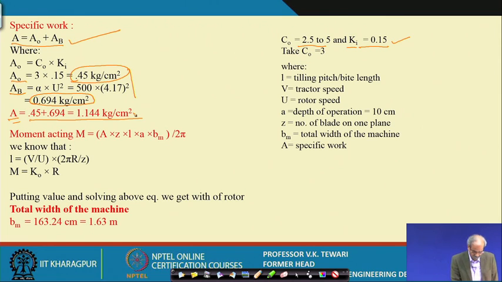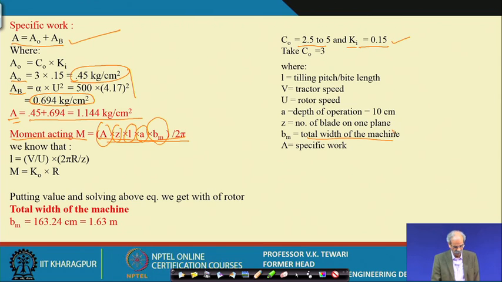So, the moment acting, M. What is the moment? Here is the detail of the moment, which involves the specific work and the number of blades, where Z is the number of blades on one plane, L is the bite length, A is the depth of operation, and BM is the total width of the machine.